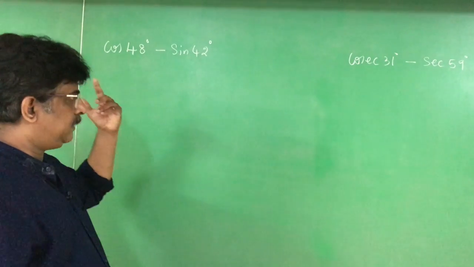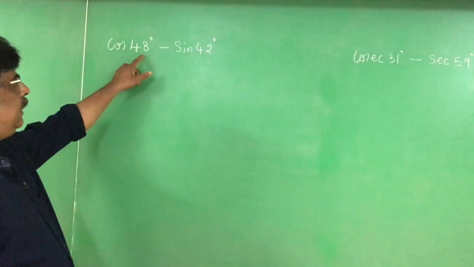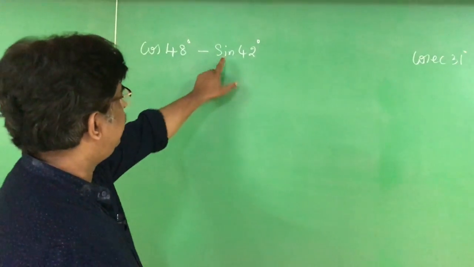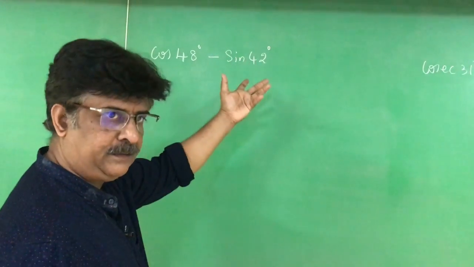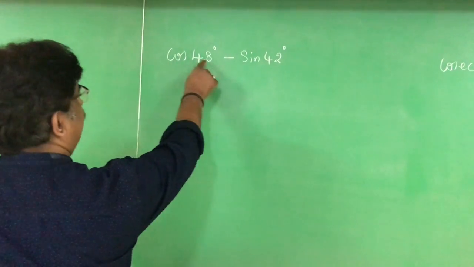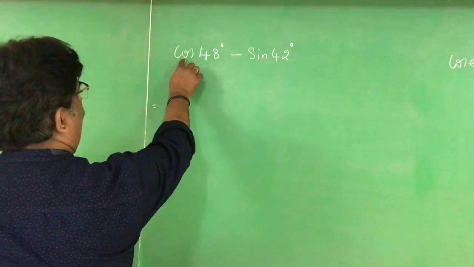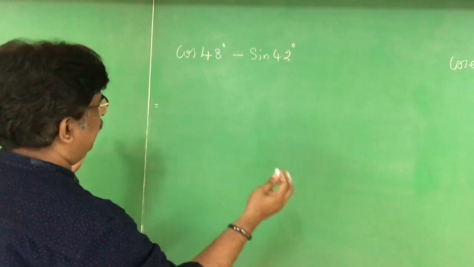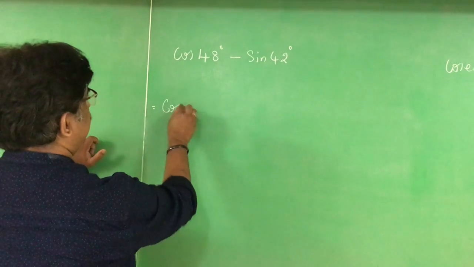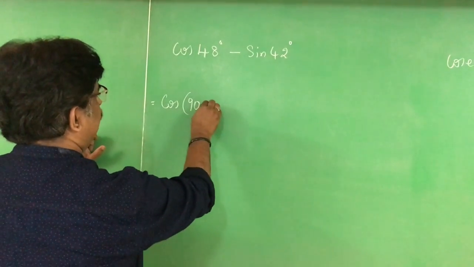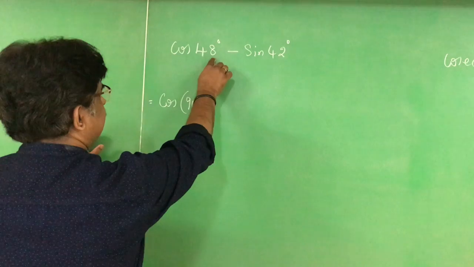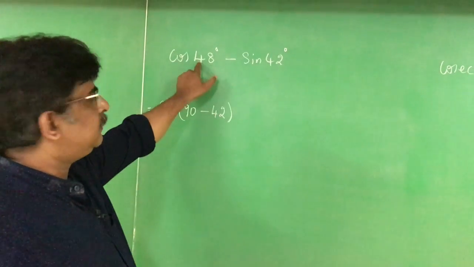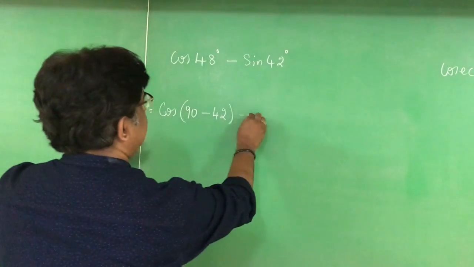Simple problems there: cos 48 degrees minus sin 42 degrees. This is cos, this is sin, so any one you have to take and change. I change the first one. Cos 48 degrees is given, and we are talking about complementary angles. Therefore cos of 90 minus 42 is 48, minus sin 42.